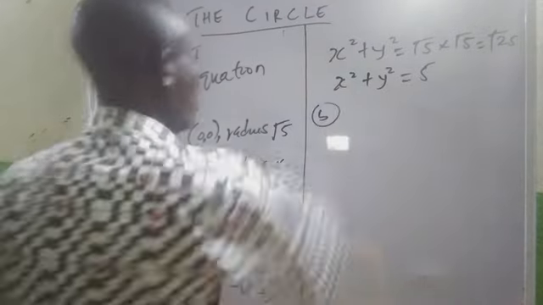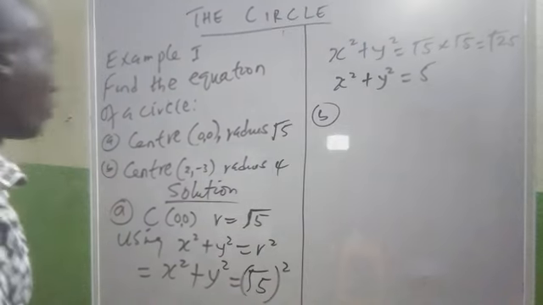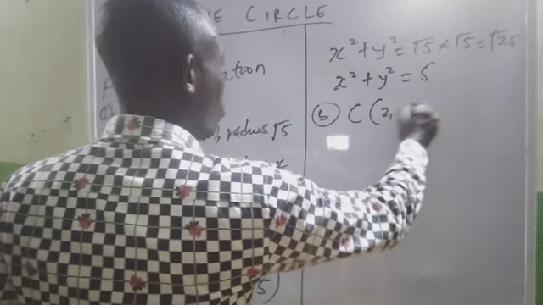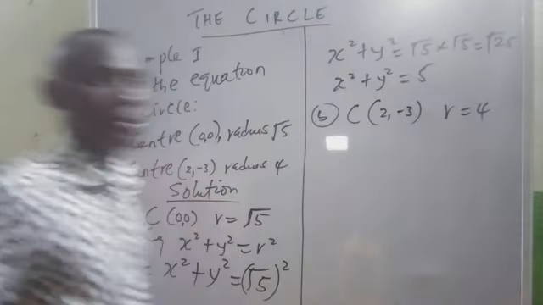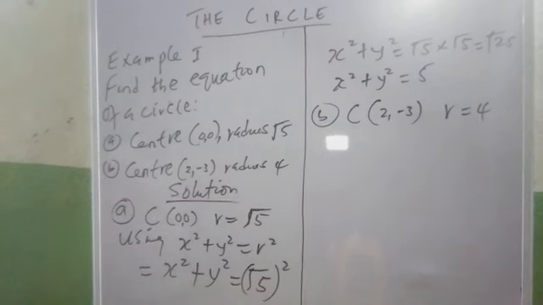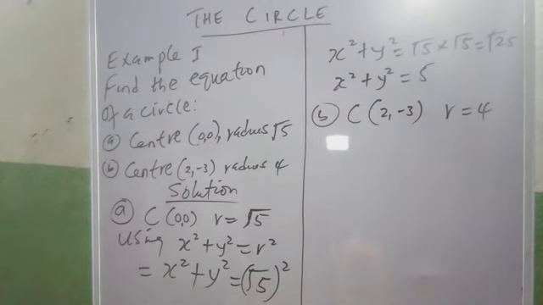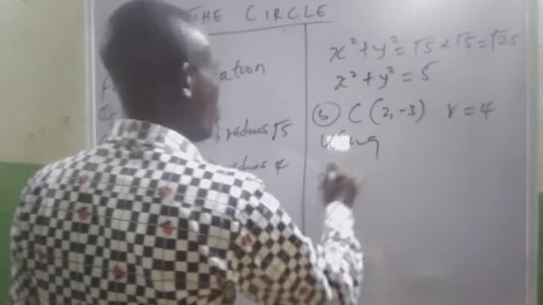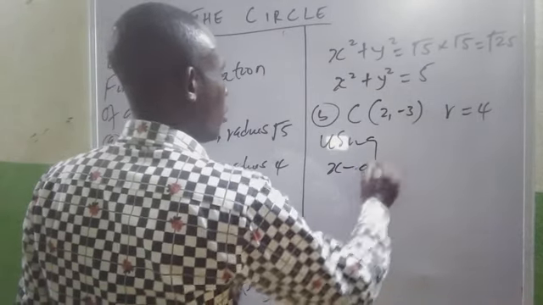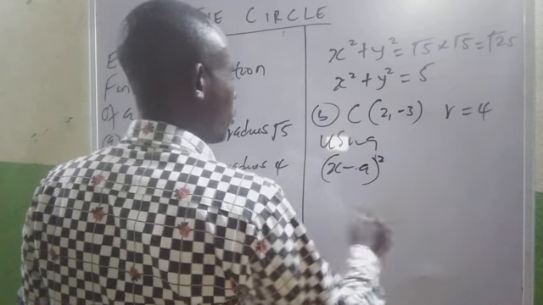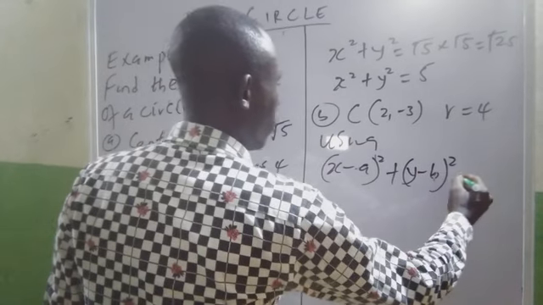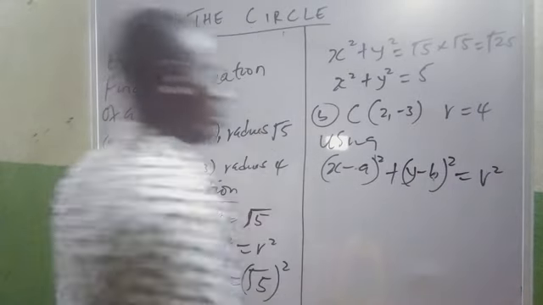Then B, we have the center (2, minus 3), while the radius r is 4. In this case, we are using x minus a all squared plus y minus b all squared equals r squared.